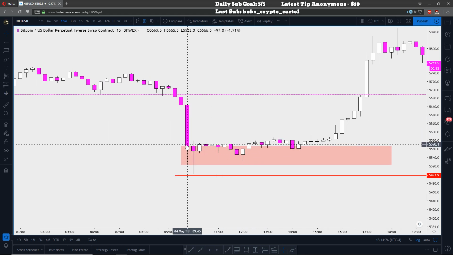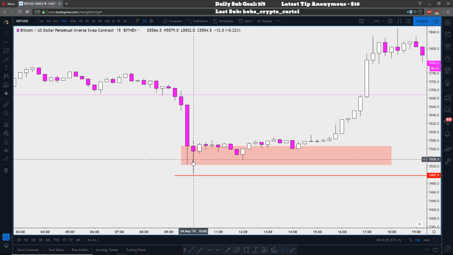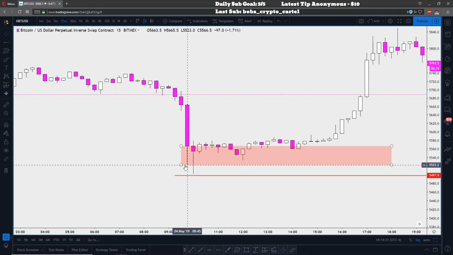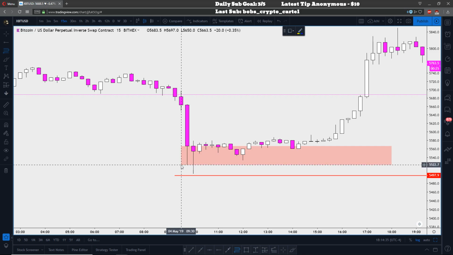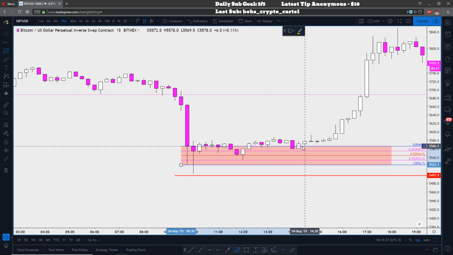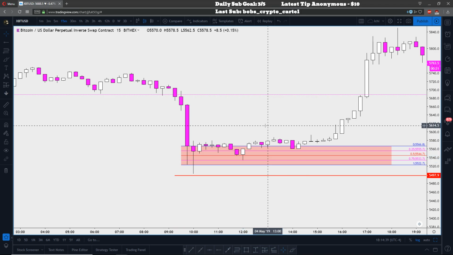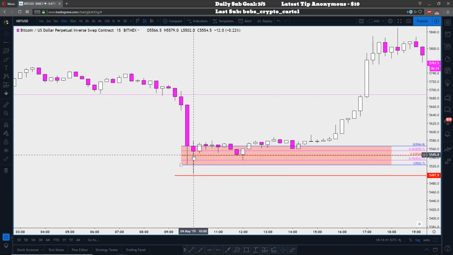So we have that wick down, that second move. If you would have placed your order, once again, you'd be looking at the range of the wick, the 50% of the wick or the low of the wick. You see you would have been filled on the 50 easily and the low easily. Like I said, I don't typically take the 50 right now because Bitcoin's too volatile.